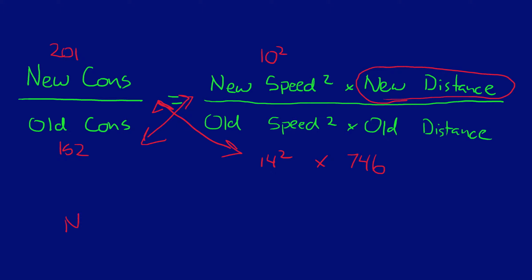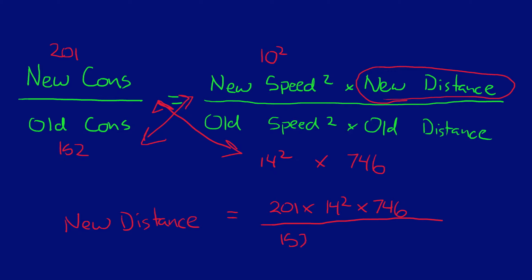And what that's going to do is give us new distance is equal to our new consumption times our old speed squared times our old distance divided by our old consumption and our new speed squared.